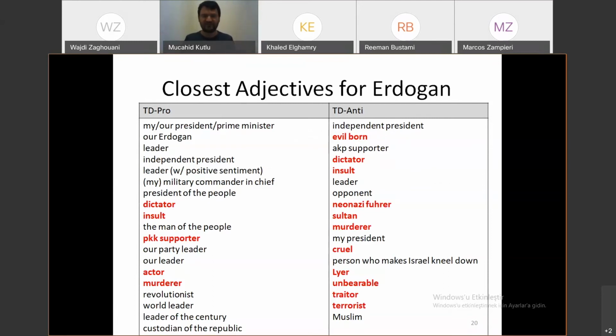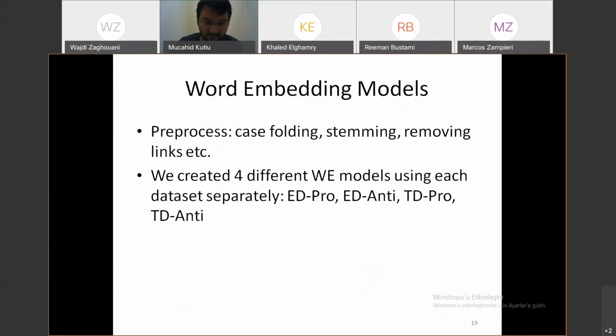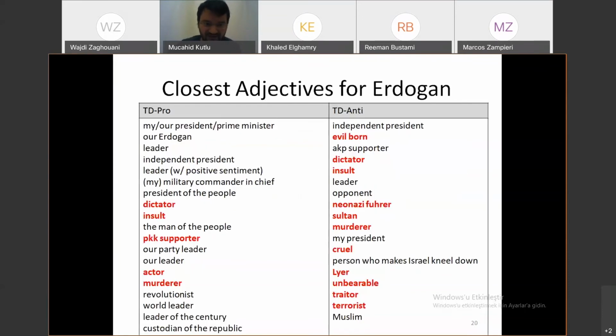I'm just showing 2, but we actually have 4 different word embedding models. And here you see the adjectives, and the order of the words matters. The ones at the top are the closest words, and the ones at the bottom are the further ones.